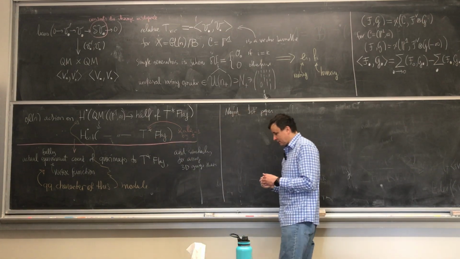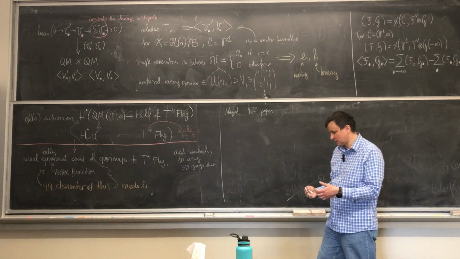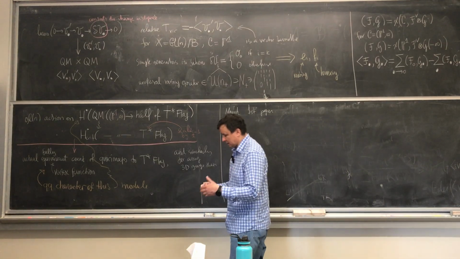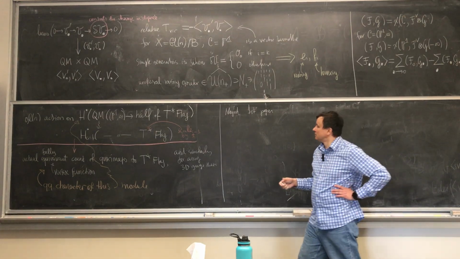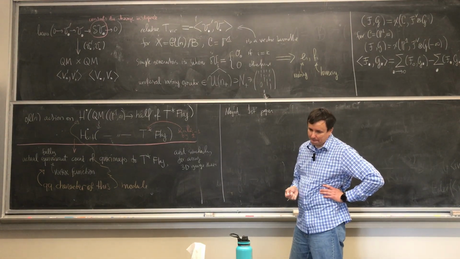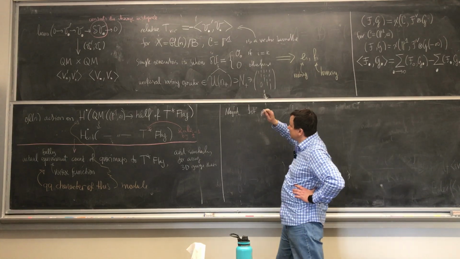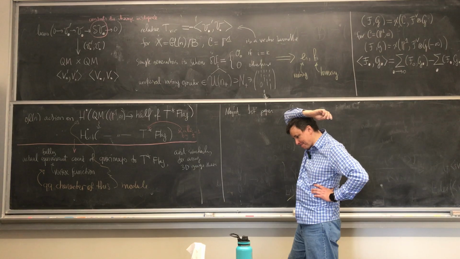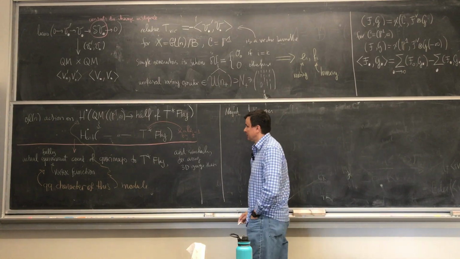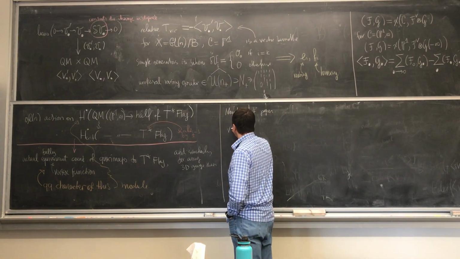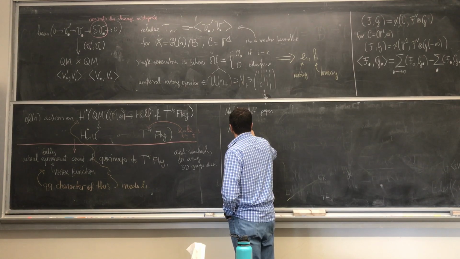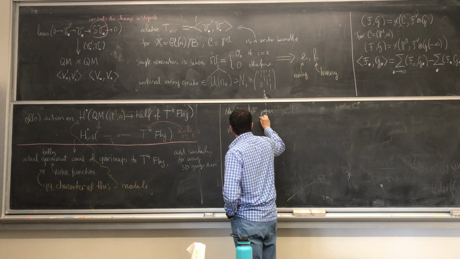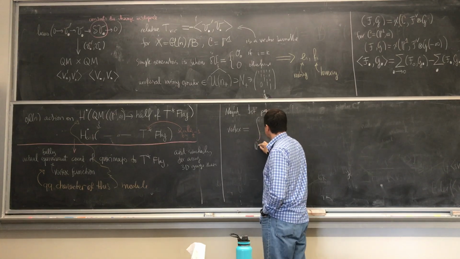So if I have the space of Quasimaps, then this vertex function here is just the integral over the space of Quasimaps.